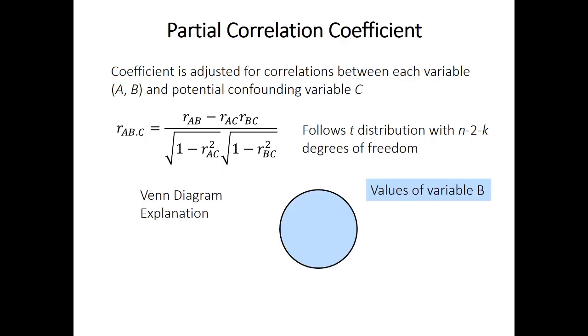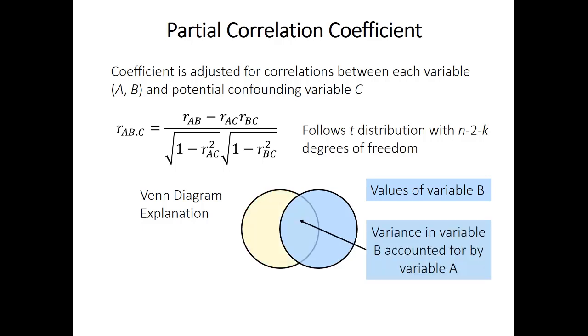Another way to think about partial correlation is with a graphical Venn diagram example. Imagine this circle shows the range of values of variable B. Well, if we add variable A, there might be some overlap because there's some correlation between the two. Some of the variability in B will correlate with or be accounted for by variable A. That's part of the reason we say in correlation or regression that some of variable B is explained by variable A. So that's the greenish central overlapping region of these two circles.